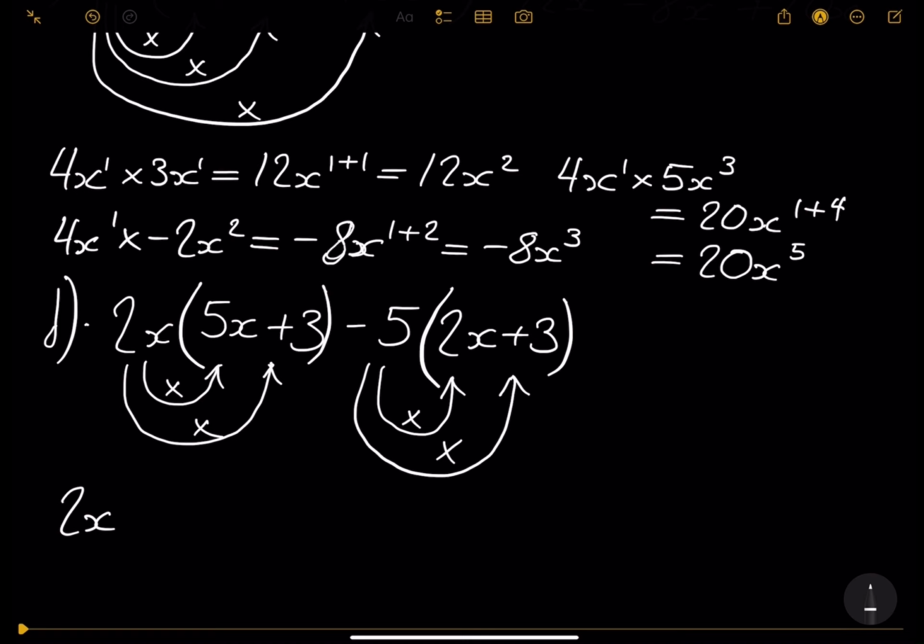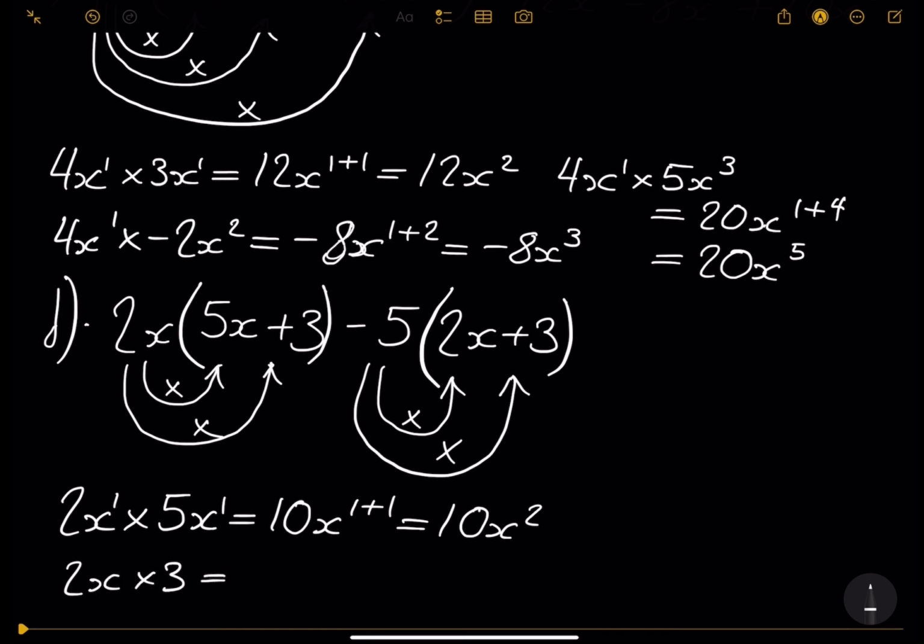So 2x multiplied by 5x is equal to, 2 times 5 is 10, and then there's obviously a 1 there and a 1 there. And when we add them, 1 plus 1, we get 10x squared. And then we multiply 2x by 3, and the answer to that is 6x.